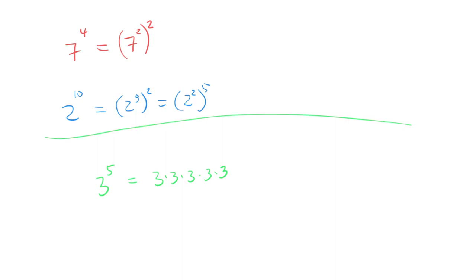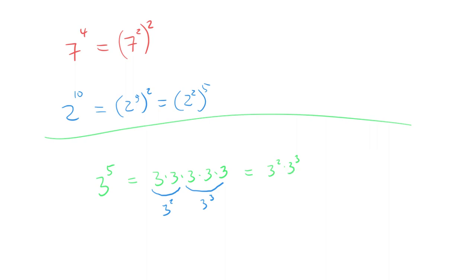And the reality is that you could focus on just these two and these three, and therefore, if you wanted to, you don't have to, you could acknowledge that this is really just 3 squared, and this is really 3 to the third. And therefore, if you wanted to, you could represent 3 to the 5th power as 3 squared times 3 to the third. Okay, so in other words, you could split the bases in that way.